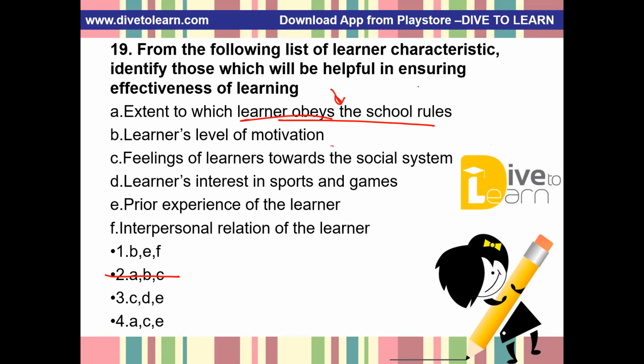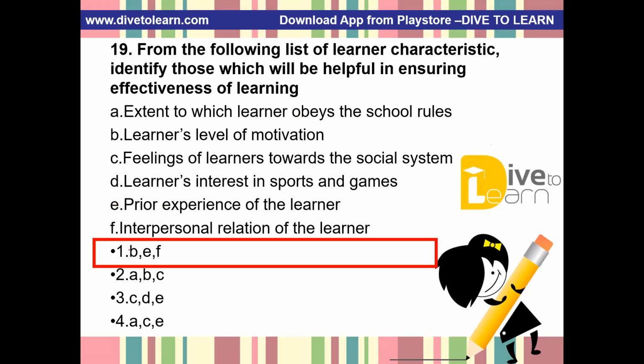The most obedient students would not necessarily be the top ones. Learner's level of motivation, okay. Then prior experience of the learner, and interpersonal relations of the learners, feeling of the learners towards the social system. You can find similarity across questions; sometime back we also discussed similar questions. So yes, B, E, F is the correct answer here.